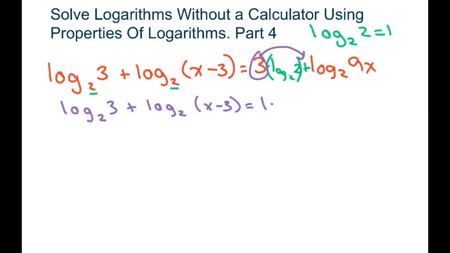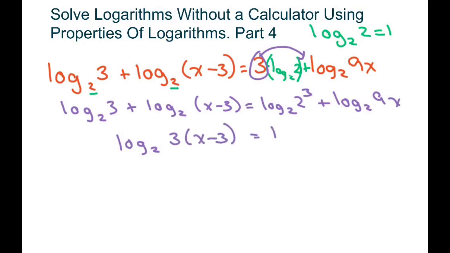So that's going to equal log base 2 of 2 cubed plus log base 2 of 9x. Alright? So now I can condense these and write this as log base 2 of 3 times x minus 3 equals log base 2 of, I'll just go ahead and call this 8, times 9x.